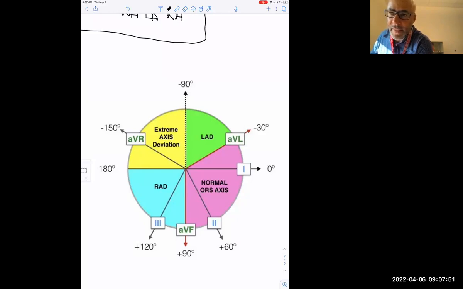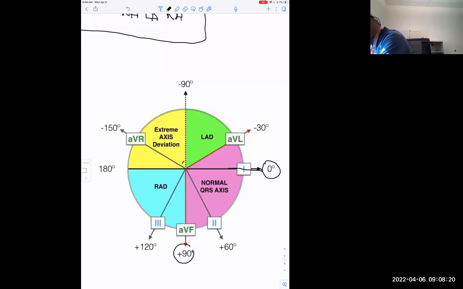And that axis is going to be labeled QRS axis, and it's going to give you that in degrees. So in degrees, normal axis is between 0 and 90 degrees. That's considered normal axis. And that makes sense, doesn't it?